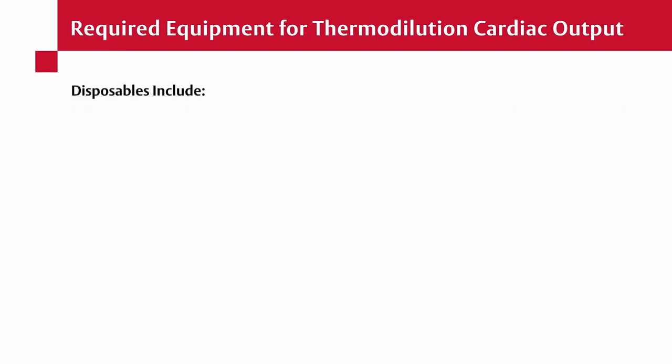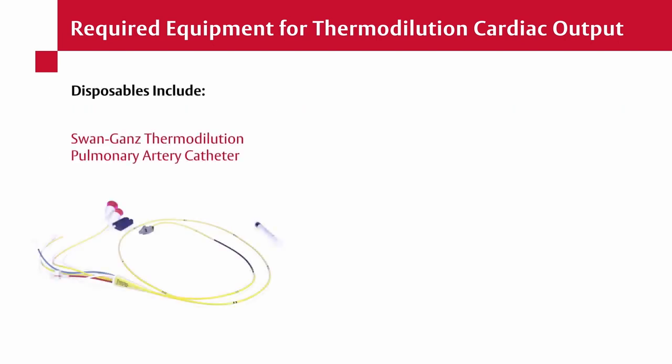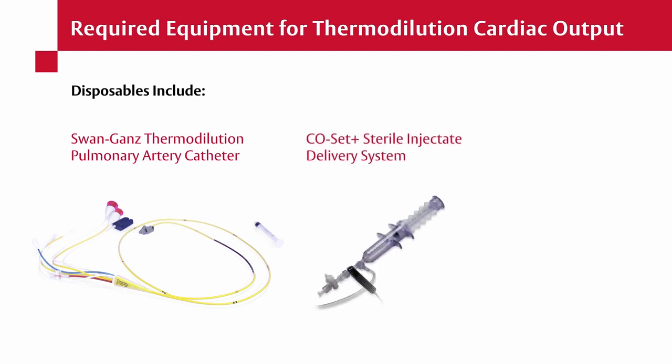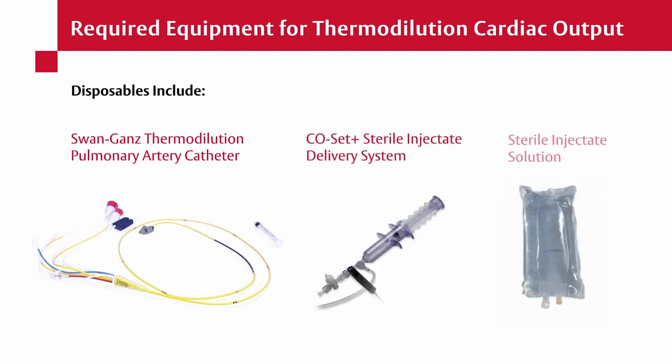Disposables include a Swan-Ganz thermodilution pulmonary artery catheter, a Cosette Plus closed injectate delivery system, sterile injectate solution, usually normal saline or D5W.